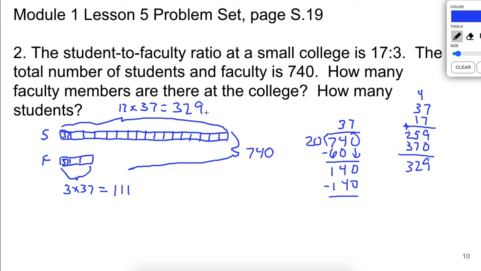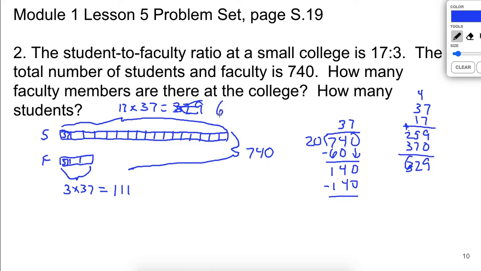And those together, those would add up to, those don't add up to 740, do they though? Must have done something. Oh, this is 3. This, whoops, that's 6. 629, 629. So that's wrong.